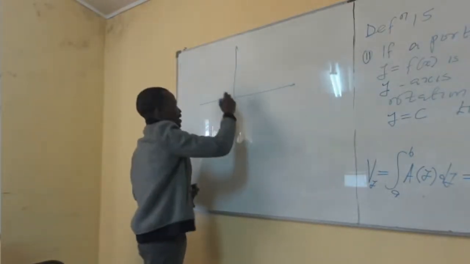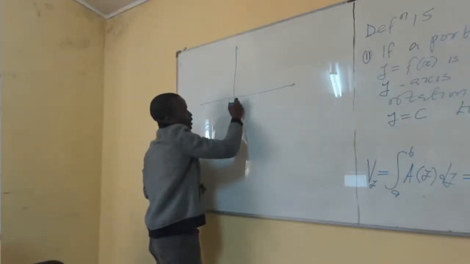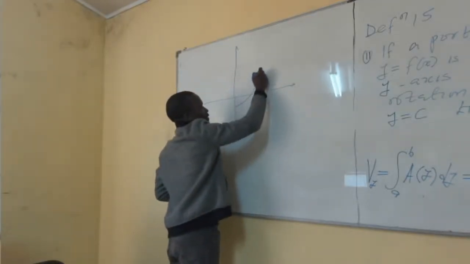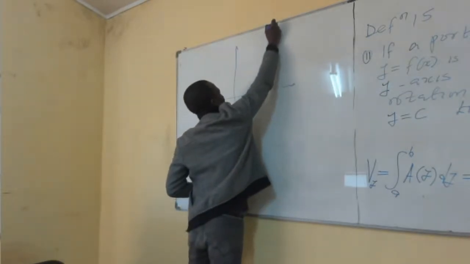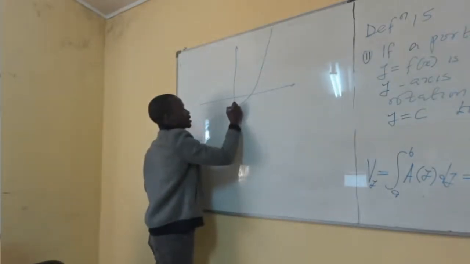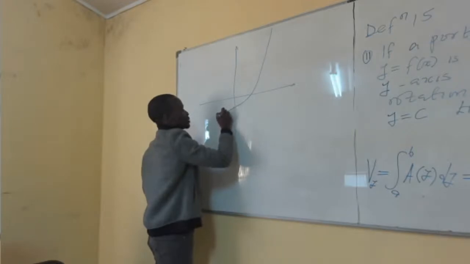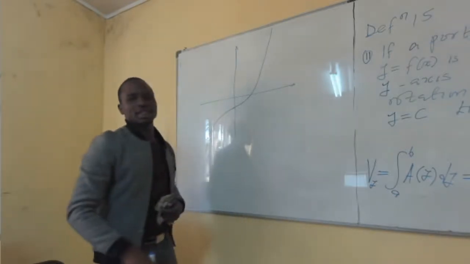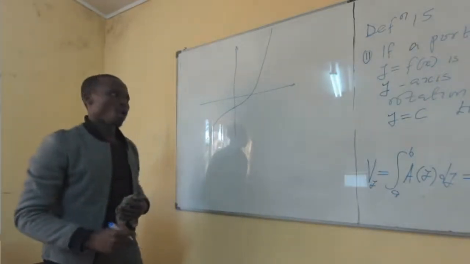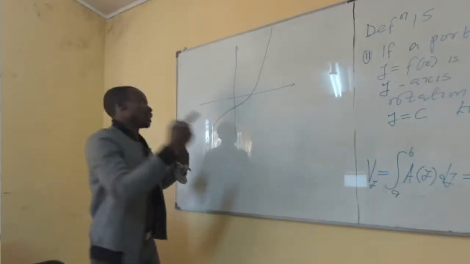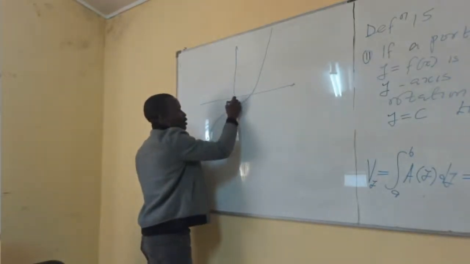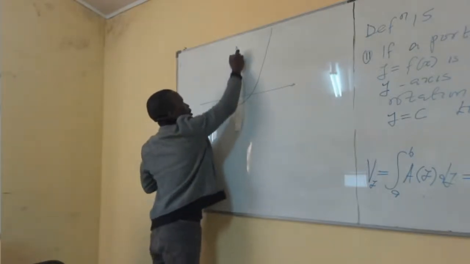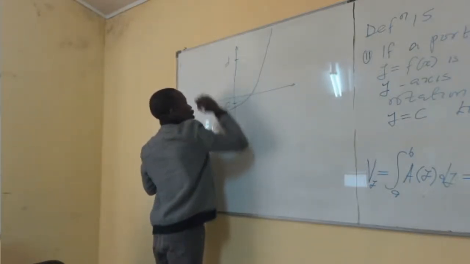So you have maybe a function which comes like that, maybe a quadratic function, which goes up this side. Maybe you have something like that, which is a shift. Now, you want to calculate the volume of rotation from point C up to point D only.